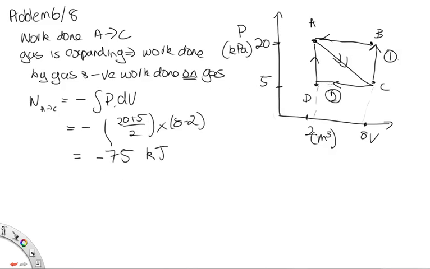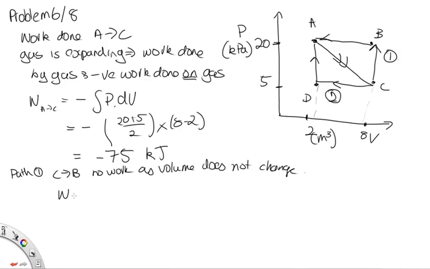Okay, now we have a choice. We need to calculate both. We'll start with path 1. From C to B, there's no work as volume does not change. So now we need to calculate the work from B to A. This is a compression, so it's a positive work, and it's equal to the area under this rectangle here, P dV, which is just calculating the area.